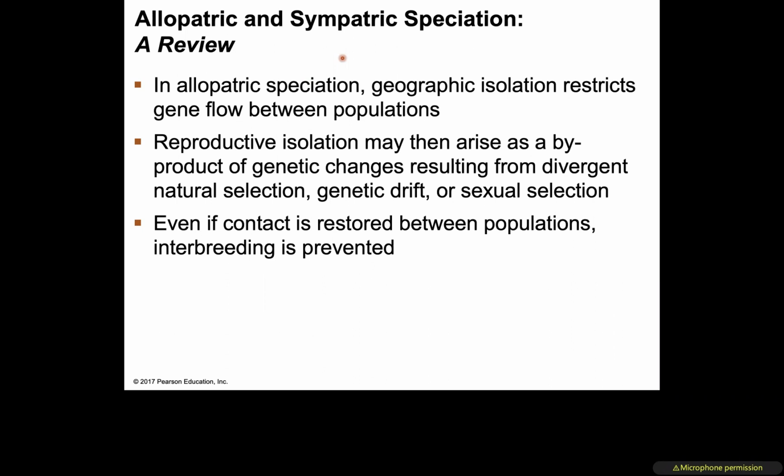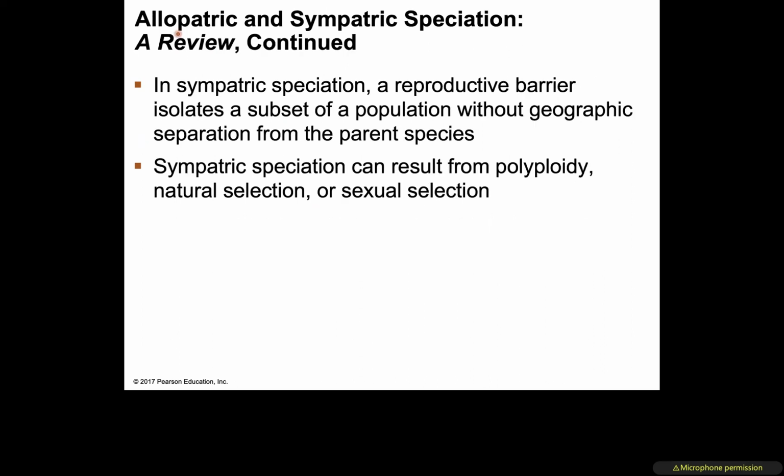If gene flow is not happening and your population stays separate long enough, then eventually, even if you tried to get together, your genetic makeup could no longer be matchable. That's a word. Even if contact is restored between populations, interbreeding is prevented. So that's how you know you have a situation of allopatric speciation.